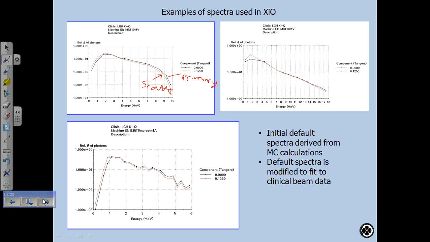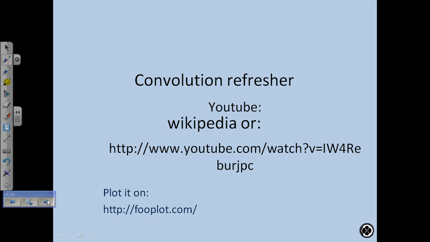And then comparing this one to this one, you have to look at the scale. So 1 times 10 to the -1 is here, 1 times 10 to the minus here. There's a lot more photons up in here for the 18. And if we have time, I'll show you that on XCO.